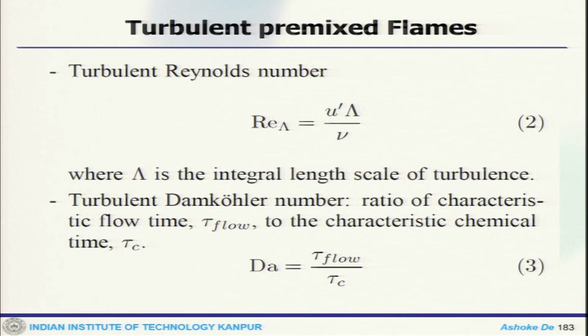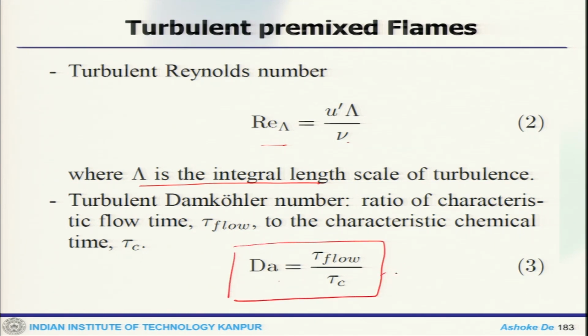Now, there is one important definition which is required, the turbulent Reynolds number, which is defined as u prime lambda by nu, where lambda is the integral length scale of the turbulence. The turbulent Damköhler number will be the ratio of the flow time scale to the chemical time scale.